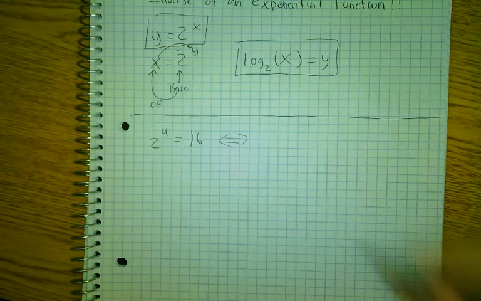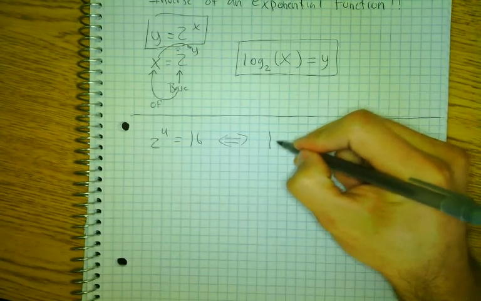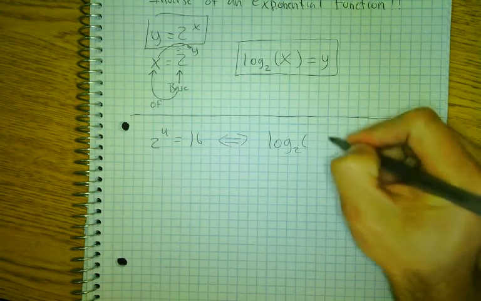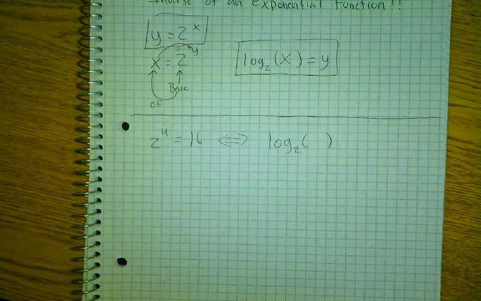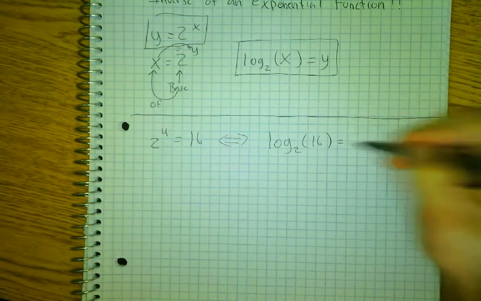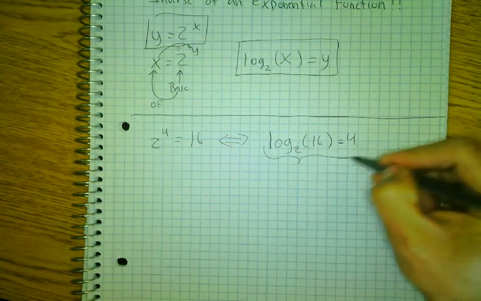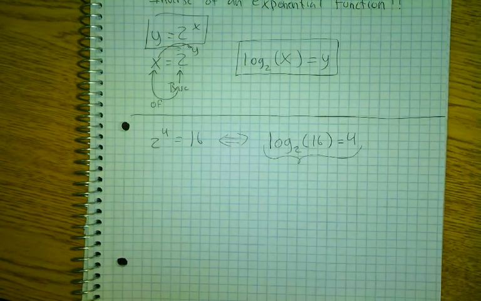You tell me. For sure log, right? Of what base? 2. Of what? 16 equals 4. So, if you were to explain to someone what this is saying or what this is asking, can you put it into words?